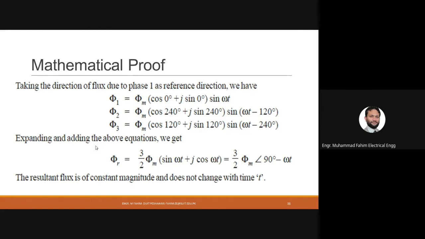Expanding and adding the above equations, we get phi r is equal to 3 by 2 phi max (sin omega t plus j cos omega t), which is 3 by 2 phi max at an angle of 90 degrees minus omega t. The resultant flux is of constant magnitude and does not change with time t.